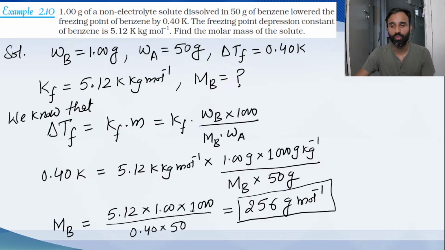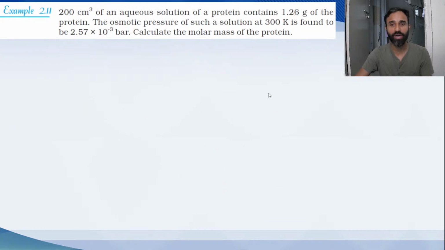Now, yes beta, any doubt up to this? Yes beta? Okay. Next question. Question number 11. 200 centimeter cube of an aqueous solution of a protein contains 1.26 gram of the protein.